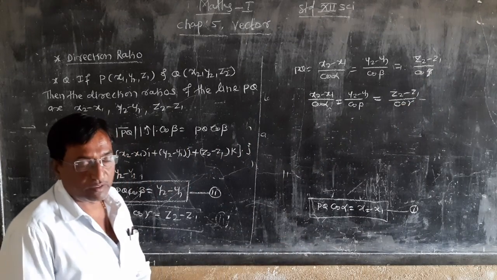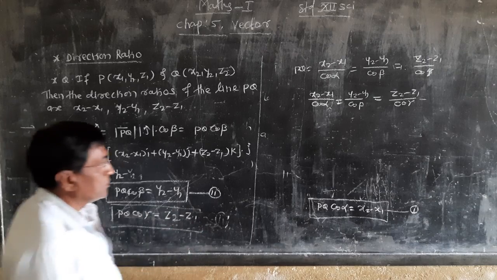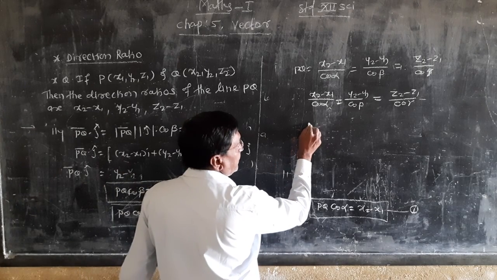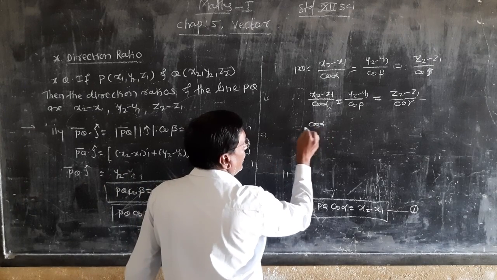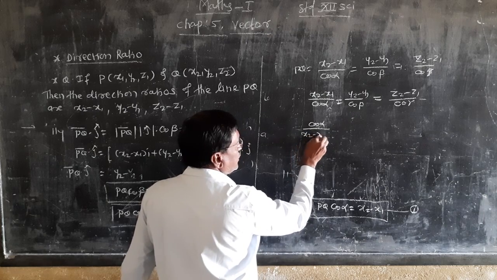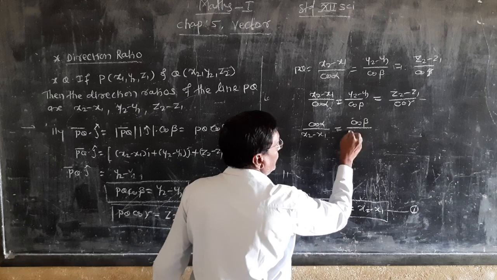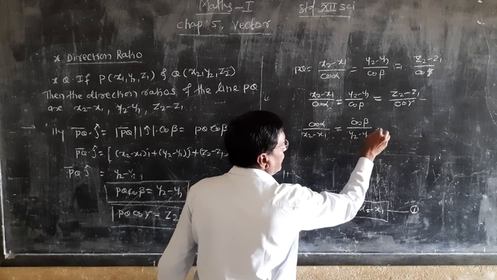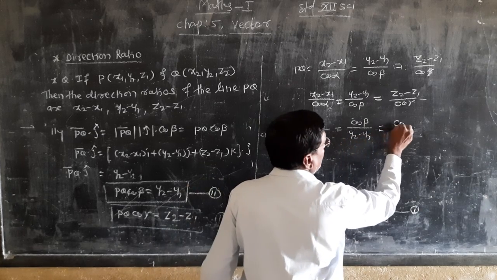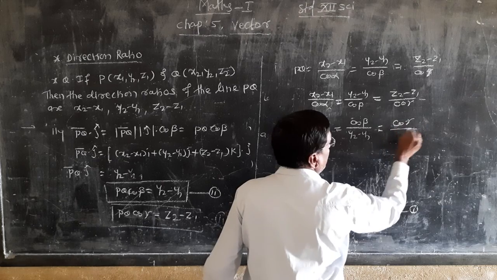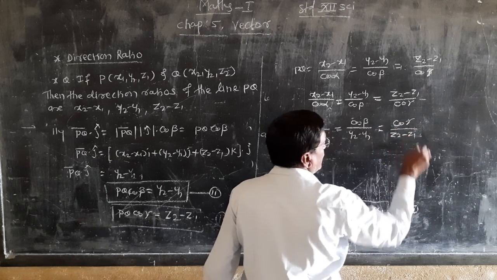Again, by a standard property, we can also write it as cos alpha upon x2 minus x1 equal to cos beta upon y2 minus y1 equal to cos gamma upon z2 minus z1.